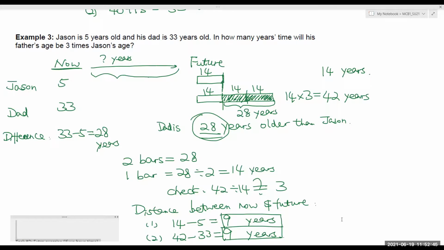But the question we realize is not asking about the ages of them in the future, but rather asking about the distance between now and future. So then we went back, we're grabbing 2 ages of Jason, now and future, right? 14 minus 5, 9. And then we're checking, would the answer be the same if we use Daddy's ages? 42 minus 33, 9.